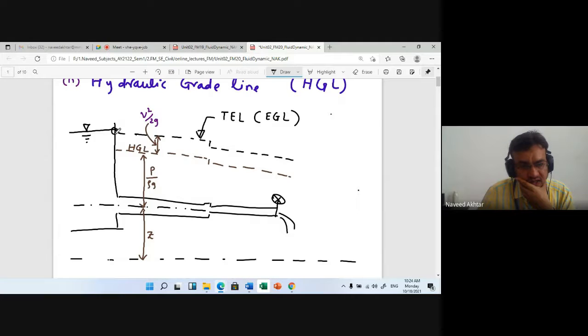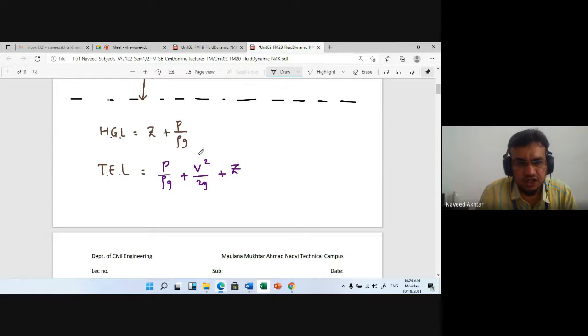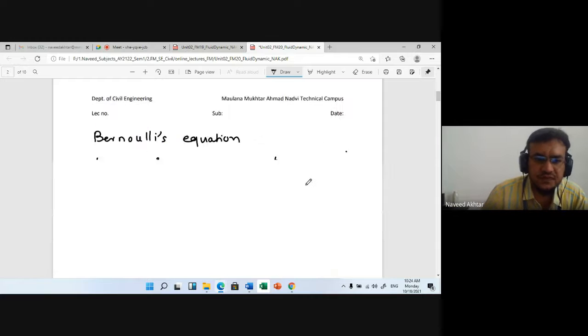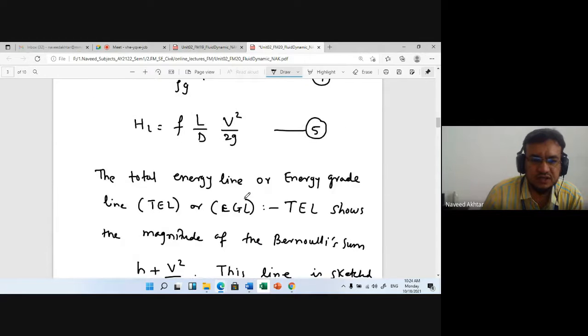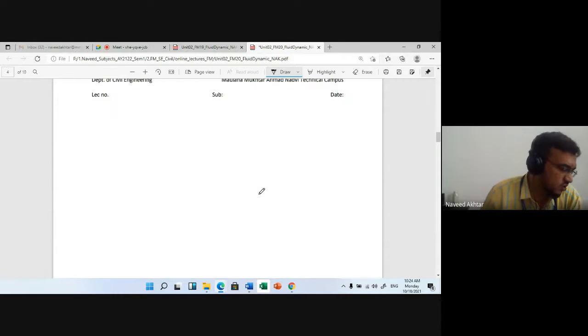TEL is nothing but this term, the pressure head plus bottom head or position head, which is nothing but your H. You can write this as H plus V square upon 2g.